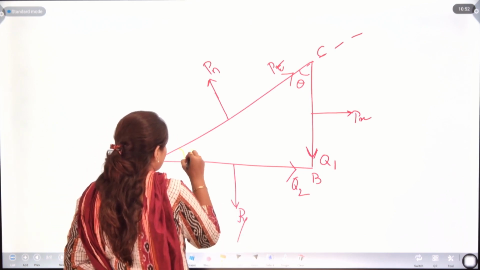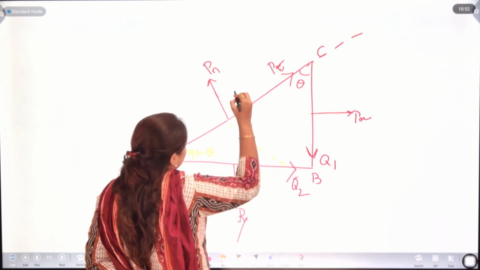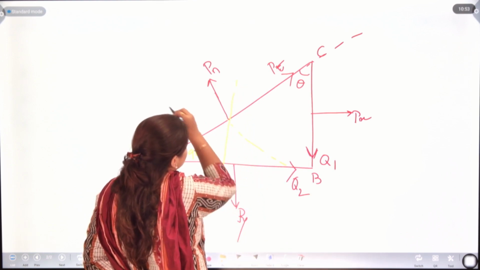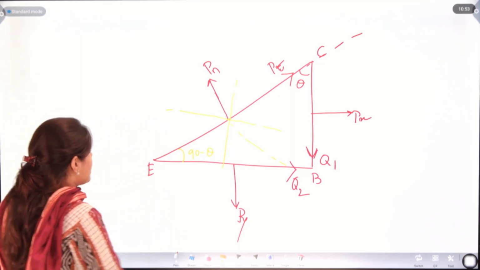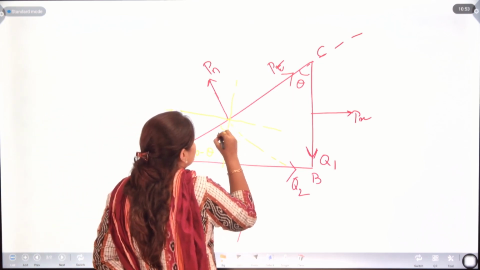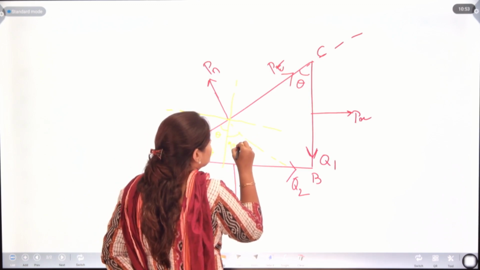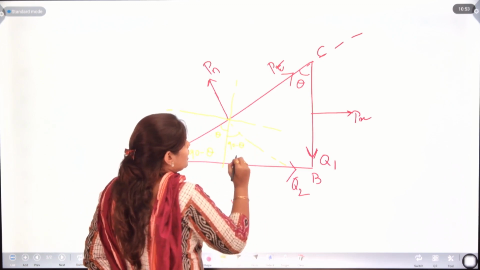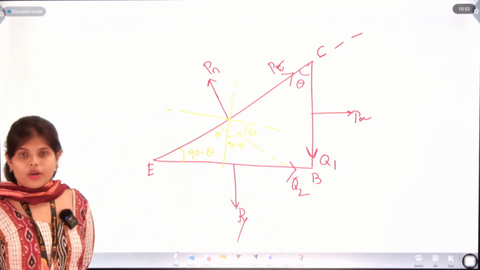Here we have 90 minus theta. If we cut this section like this, as this is 90 minus theta, here we will have theta. Again here we will have 90 minus theta, and like that we will have theta here.